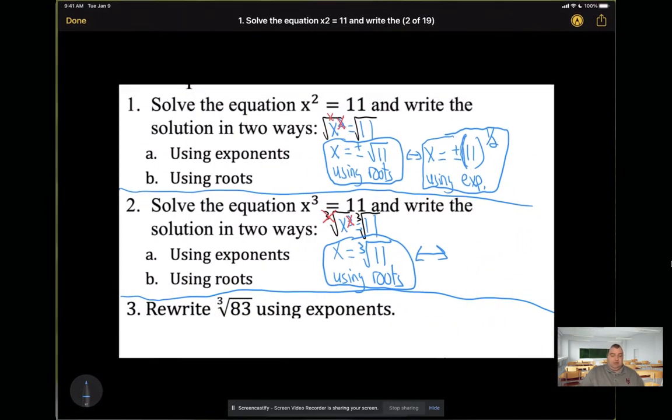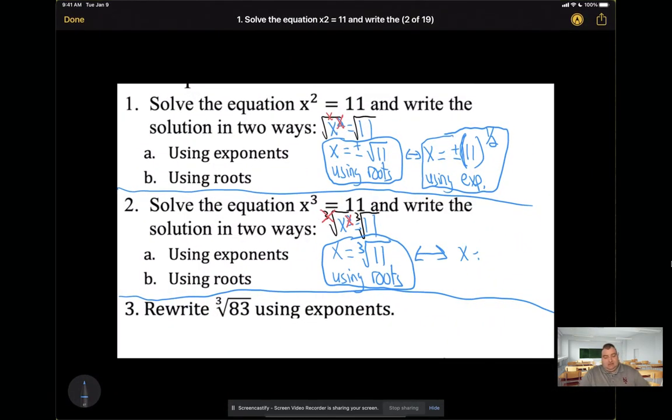So the way I'm going to write it is x equals 11 to the power of 1/3. Again, I do not need to do plus and minus for the reasons that I've stated. x equals 11 to the power of 1/3. So this is the answer to part A, the answer using exponents. So that's it for number 2.